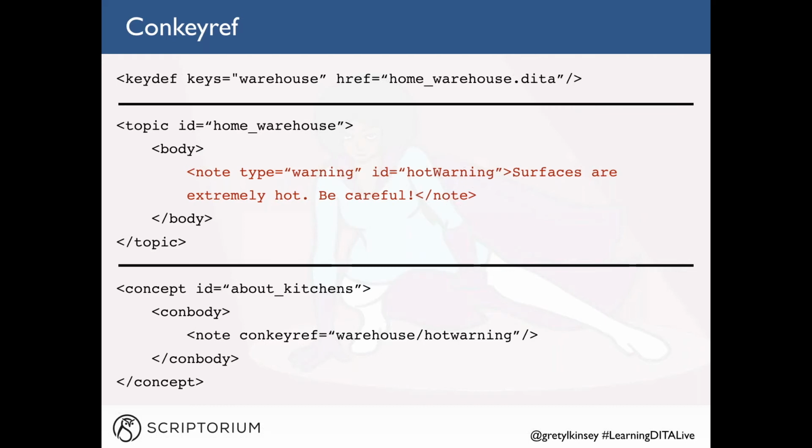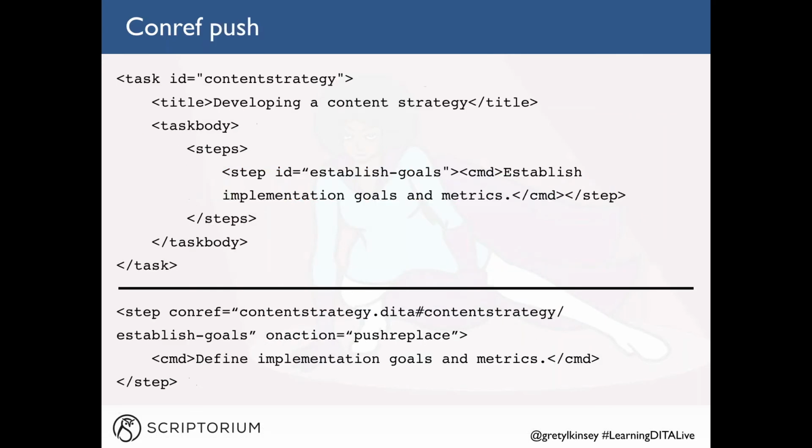And if you have multiple versions of your content for different product lines, different audiences, different locations, etc., conkeyrefs might be a really good way to set up a lot of your reuse, because it's so easy to just switch out which different notes and warnings and lists and tables and other things that you get that's specific to each audience. So that's conkeyref.